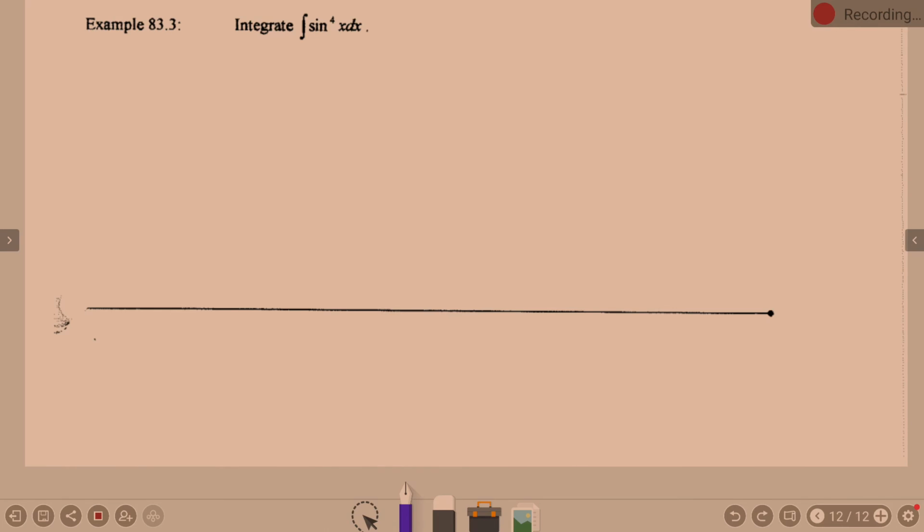So you can think of this as sine squared x squared, if you will. So we're going to replace sine squared with 1/2 minus 1/2 cosine 2x. We're going to have to square that, which for visual purposes, I'm going to write it out as opposed to having it squared.